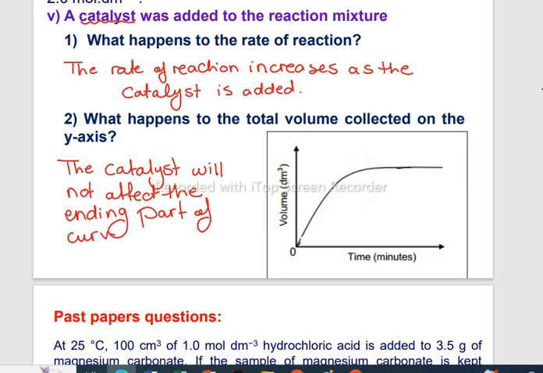So it's the same volume that will be collected. So now I'm going to have a faster rate, so I need to have it steeper, and it's the same ending exactly. So this is for number 5.